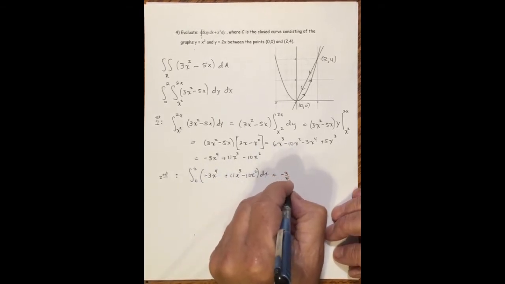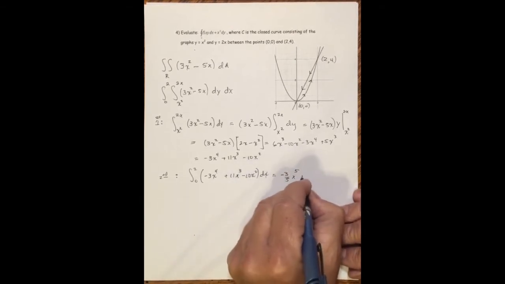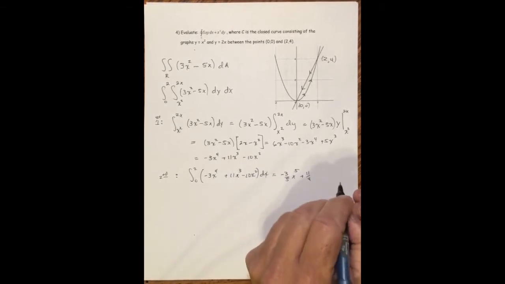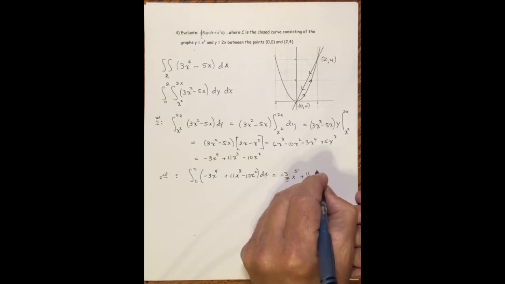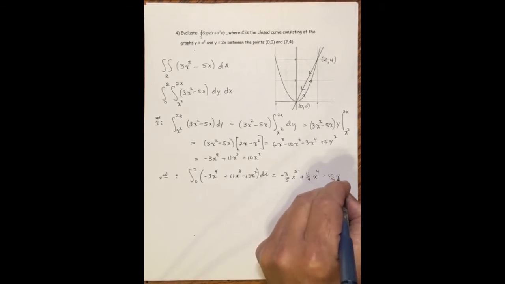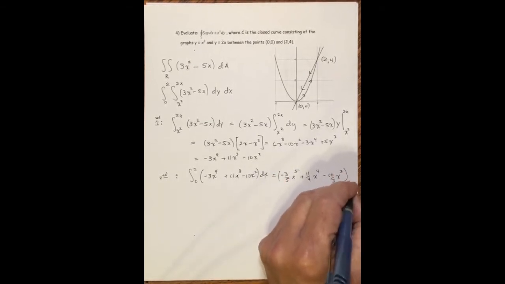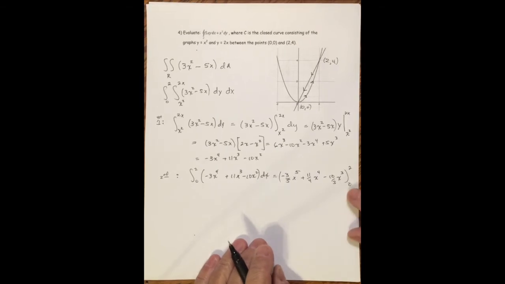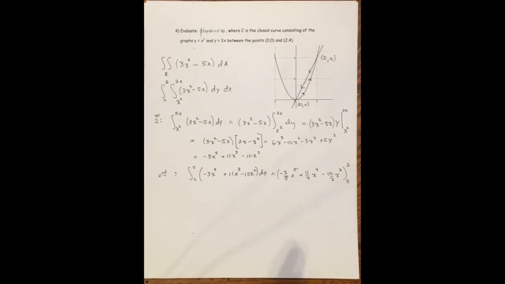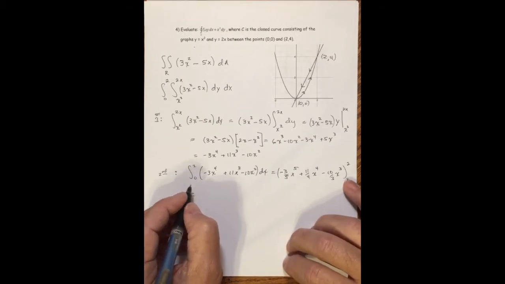So minus 3/5 x to the fifth plus 11 over 4 x to the fourth minus 10/3 x cubed, evaluated from 0 to 2. Now clearly 0 is not going to give us a contribution. So it's going to be whatever it is when we plug in 2.